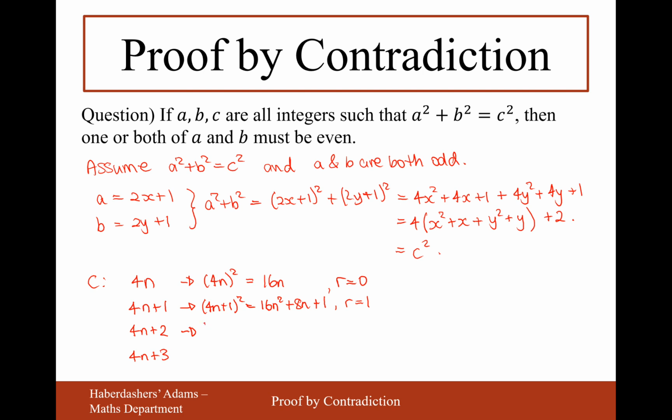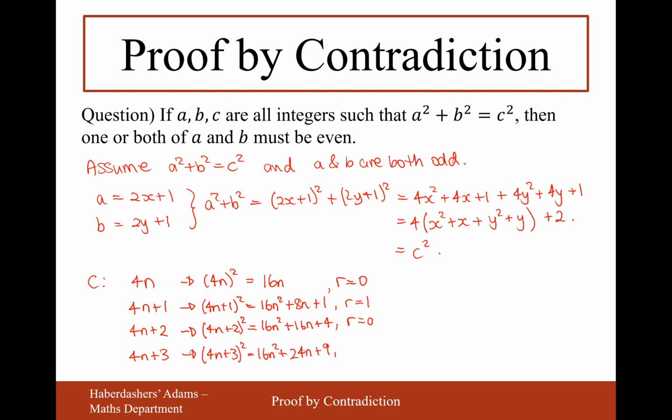When I do 4n plus 2 squared, I get 16n squared, 8 double that 16, n plus 4. What would I get as a remainder when dividing by 4 here? I would get a remainder of 0. And when I square this one here, 4n plus 3 squared, I'm going to get 16n squared plus, that would be 3 times 4 is 12, double it, 24, n plus 9.